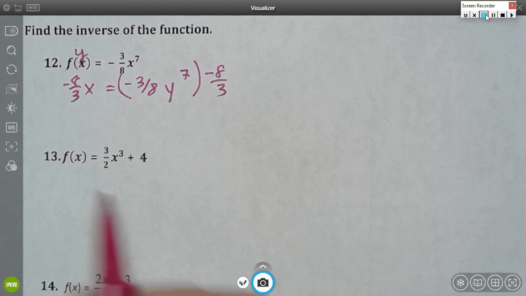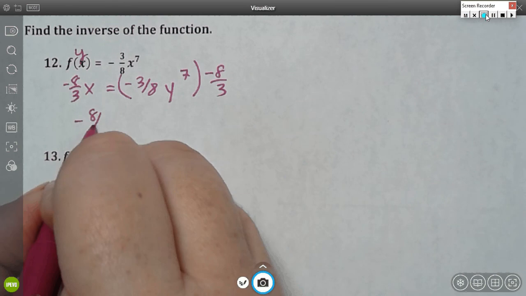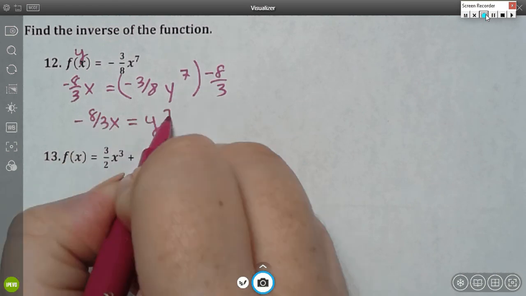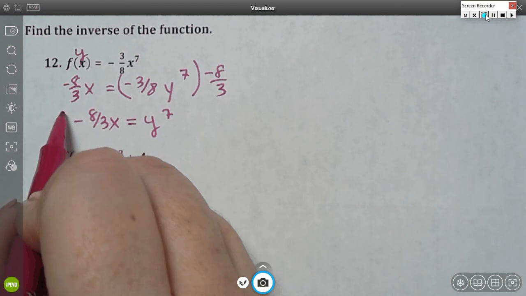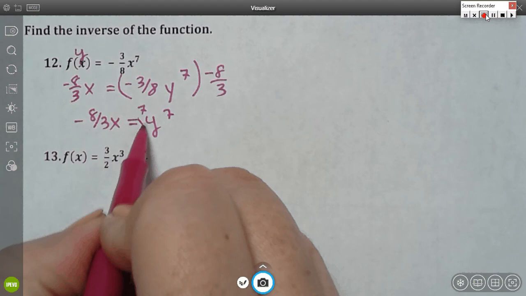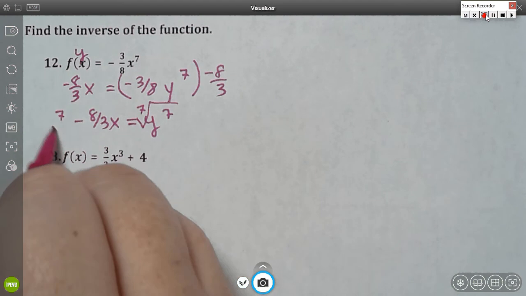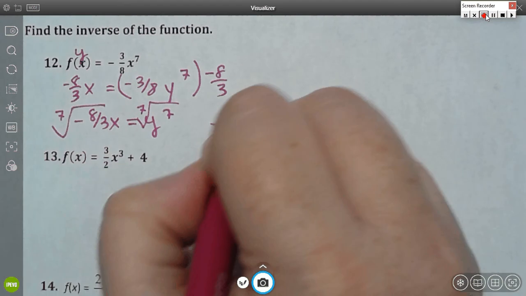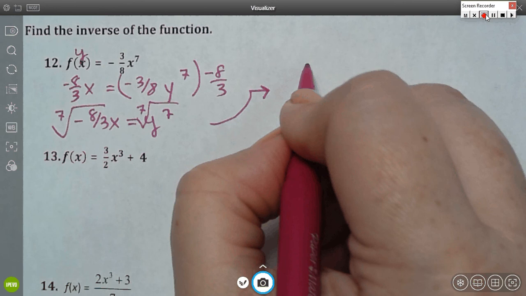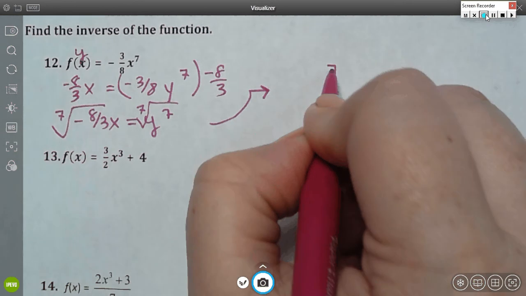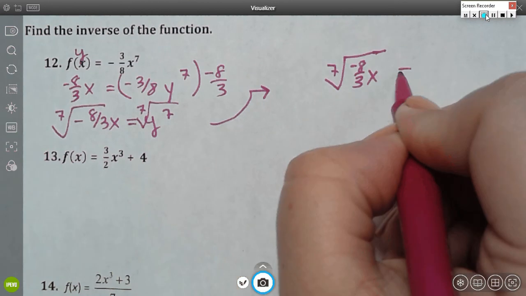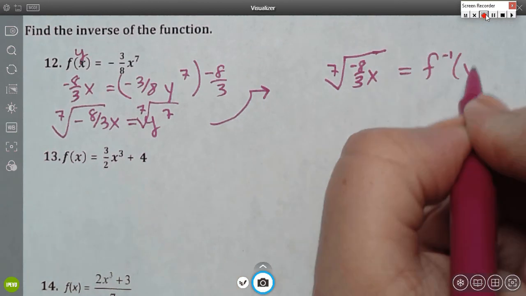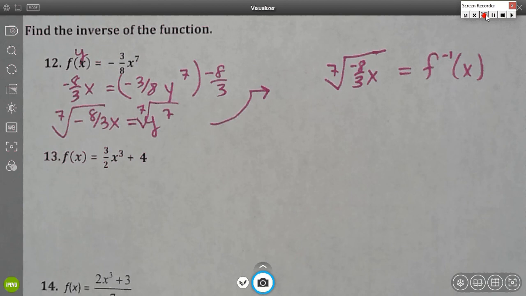Okay, so I have negative 8 over 3 x equals y to the 7th. Okay, so then I do the 7th root to get rid of that exponent. And so I end up with the 7th root of negative 8/3 x. And this is the inverse of f of x.